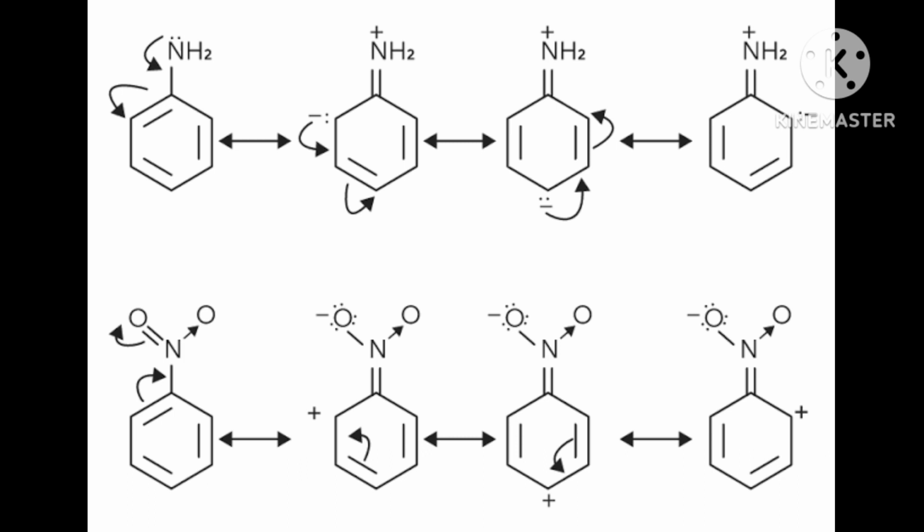Then finally, it came to the carbon nearest to the nitrogen. By this rotation, double became single, single became double, and in the end the carbon nearest to the nitrogen, it started from one side and reached the next side near the nitrogen. From the left side it started and reached the right side near the nitrogen with negative charge.